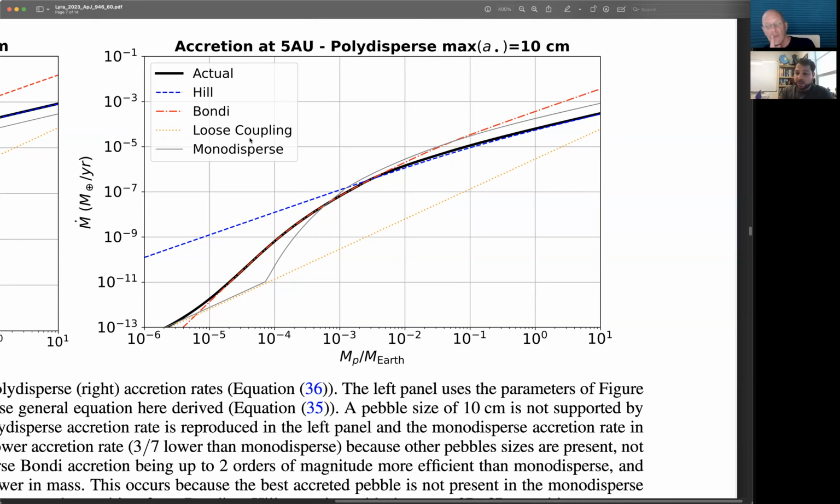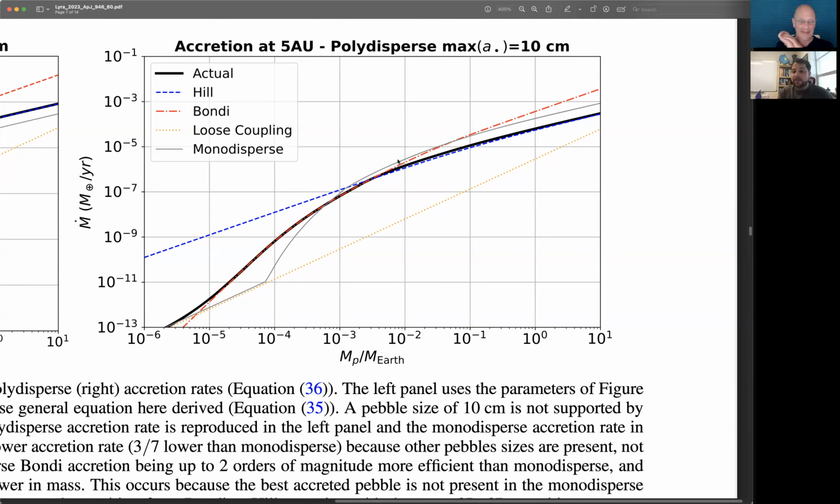The Bondi regime is when the protoplanet is accreting the pebbles within its Bondi sphere. Once it grows in mass, it accretes in what we call the Hill regime, because it is accreting all of the pebbles in its Hill sphere. The Hill sphere is the gravitational influence of the protoplanet.